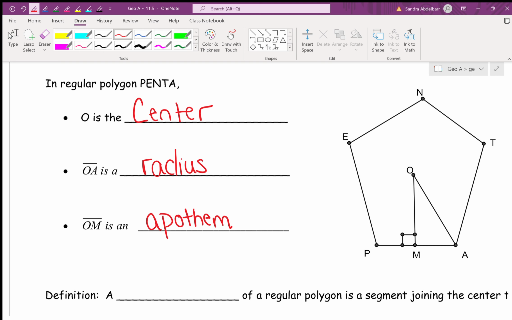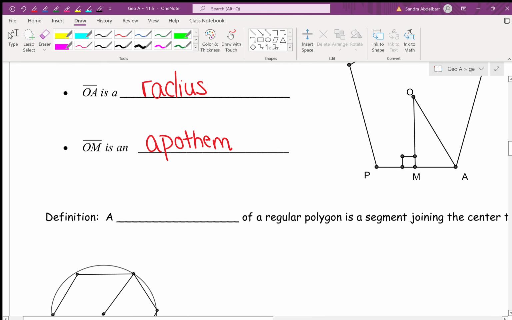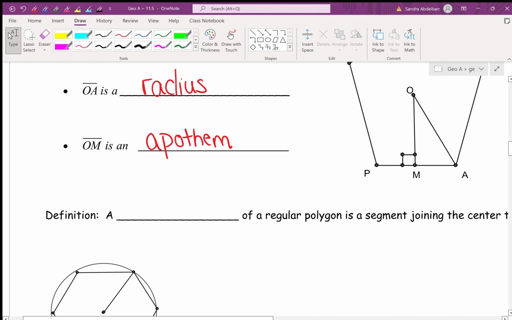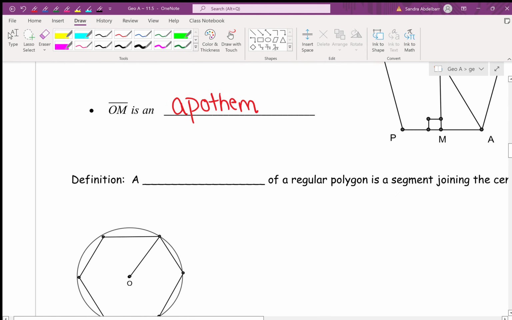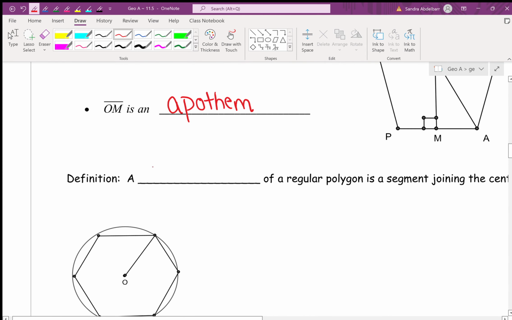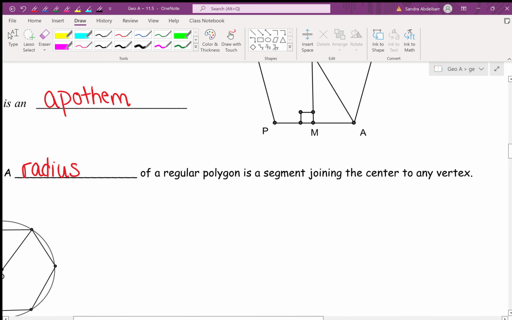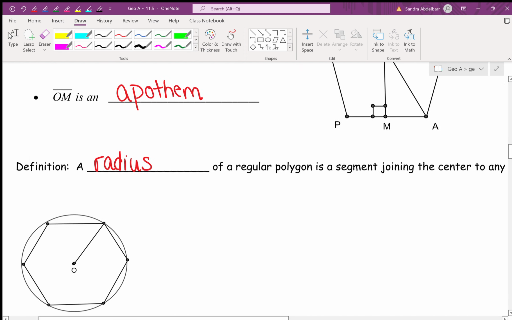Tomato, tomato, whatever you want to call it, it's all good. Okay, definition. A radius of a regular polygon is a segment joining the center to any vertex.